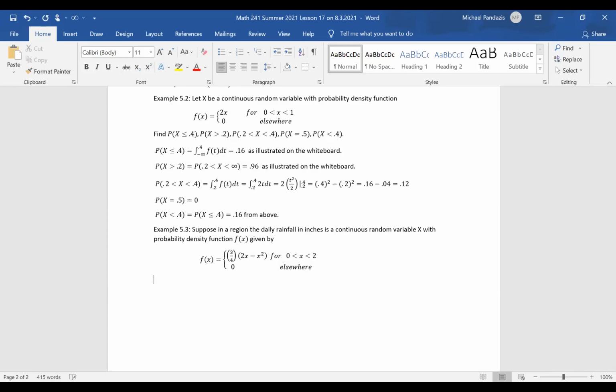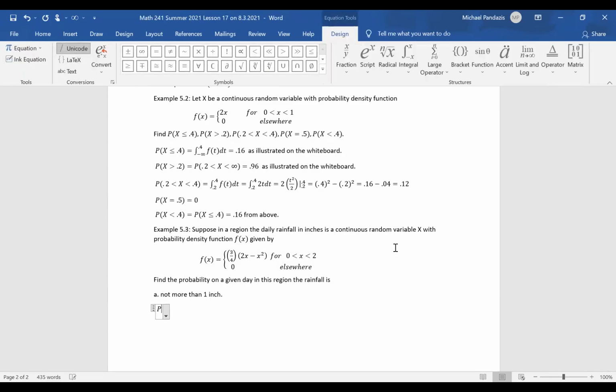Okay. So the problem is to find the probability that on a given day in this region, the rainfall is A, not more than 1 inch. Okay, so the probability that the rainfall is not more than 1 inch.